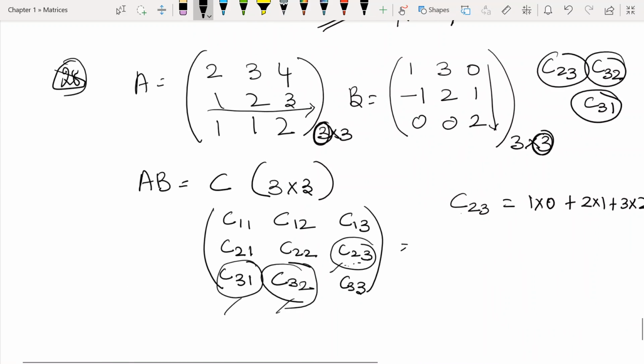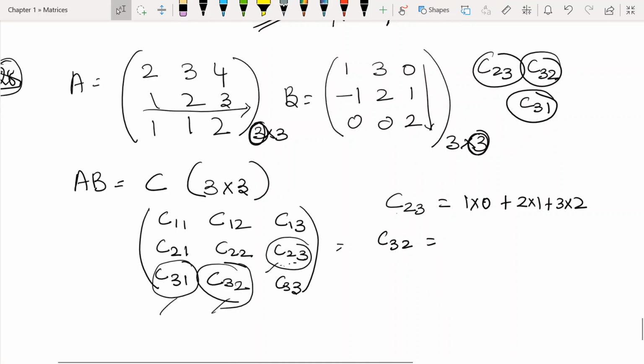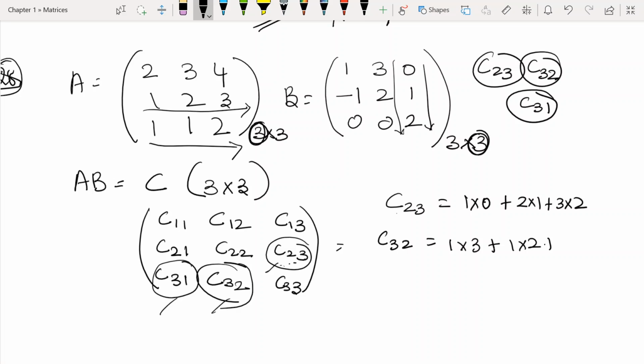Now C32 is nothing but third row with the second column. Third row is 1 into 3, 1 into 2 plus 2 into 0. Now C31. C31 is the third row again, with the first column, which is this. So 1 into 1 plus 1 into minus 1 plus 2 into 0.